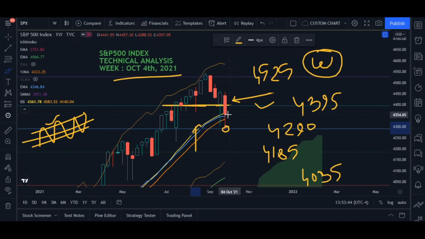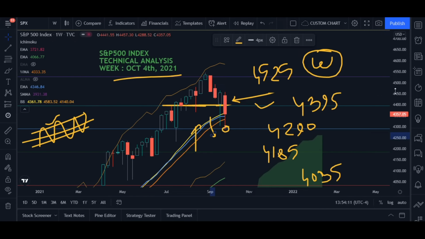For the market to be fully bearish, it needs to close below all of these three moving averages, then only we will say comfortably that yes, the market is bearish. But as of now, you can say that the market is partially bearish on the weekly chart.